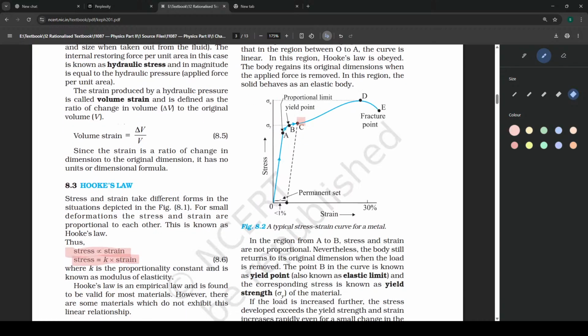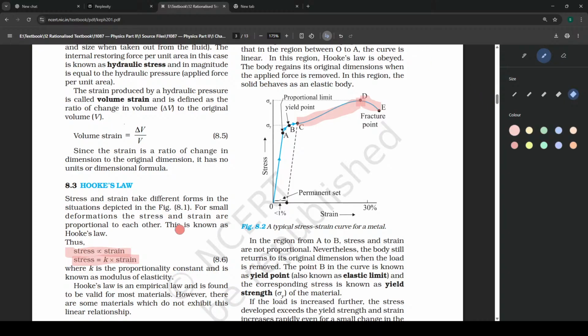Till here, the strain will increase and the stress will also increase. Proportionality will be there, but after D, the proportionality will be gone, and even with less stress, the strain will keep on increasing. That is the graph here.